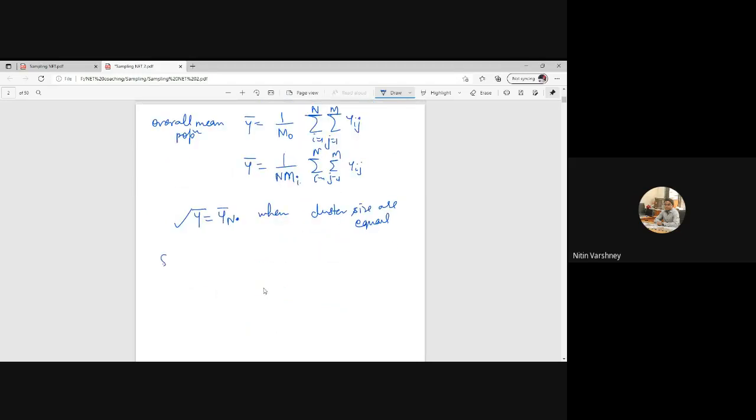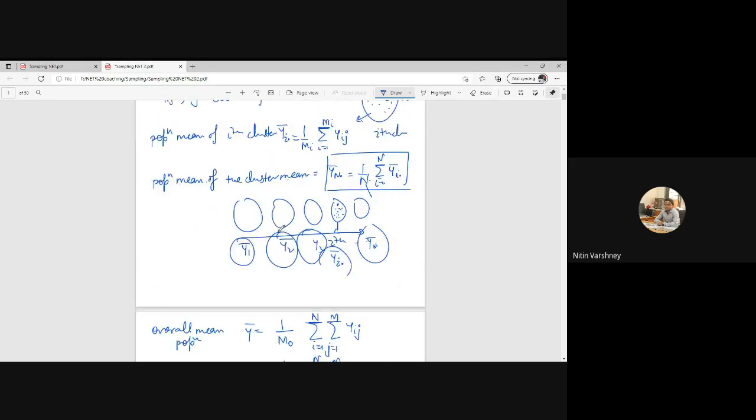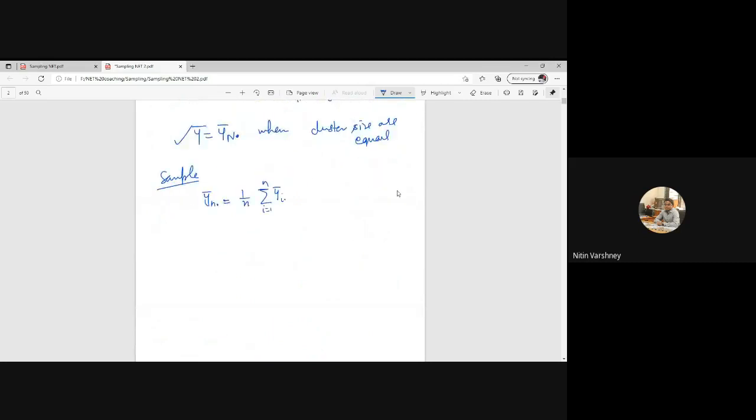And for the sample, y bar n dot is equal to 1/n summation i is equal to 1 to n of yi bar dot. Same, we just have to replace capital N by small n. Or we can write it as 1 upon m n summation i is equal to 1 to n, j is equal to 1 to m of y ij. Okay, so this is our estimator.